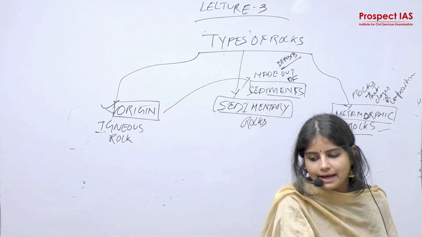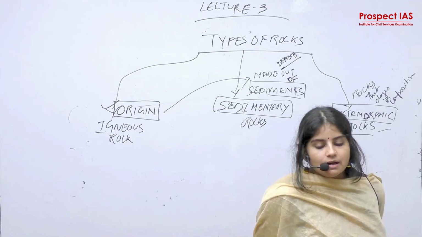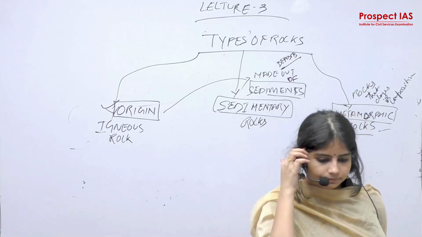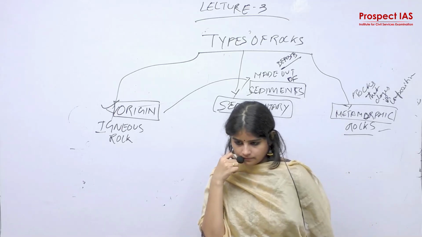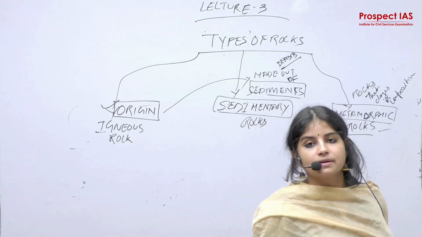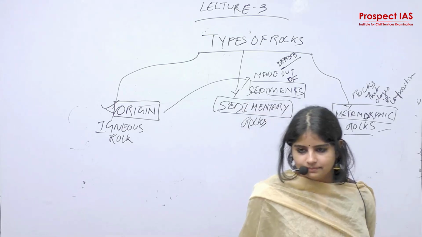So the first is igneous rock. You can write in your notes what igneous rock is. Igneous rock is known as the origin rock or the father rock. Your parent rock, you can say.